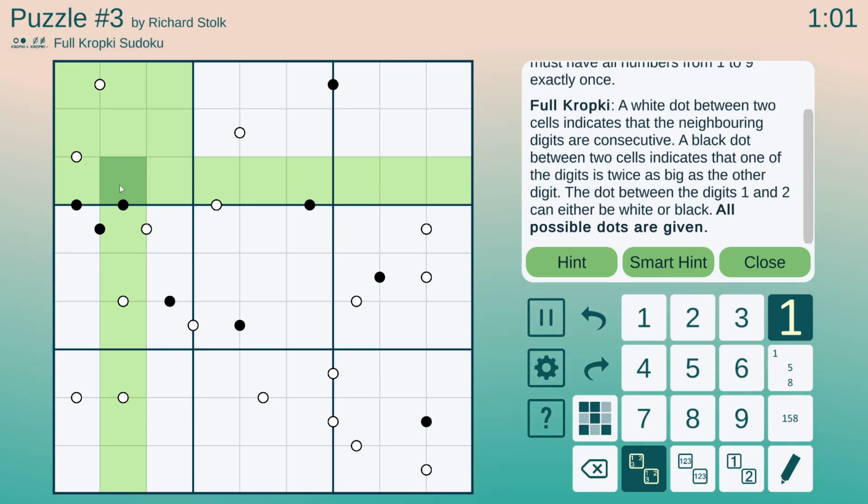This might be a tricky one then. All possible dots are given.